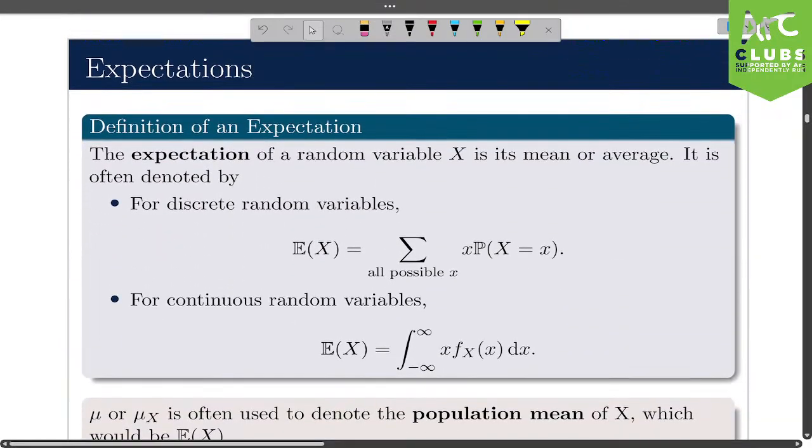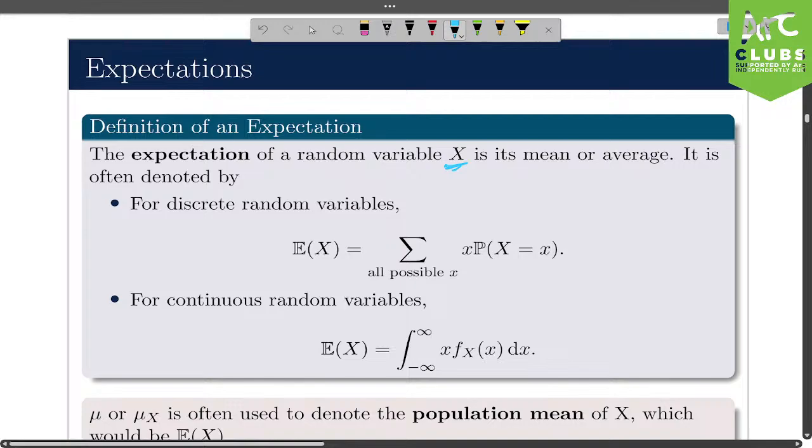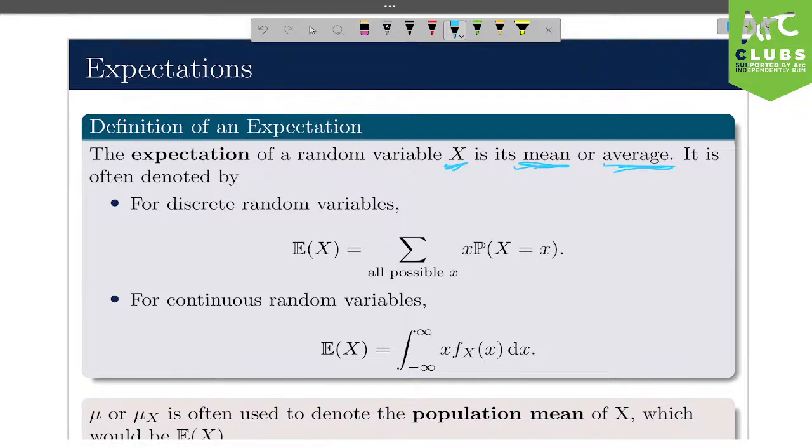Expectations. One of the important things in this part of the course is being able to deal with expectation values. So what is an expectation value? The expectation value of a random variable x is its mean or average. Depending on how thorough Gary has been in the lectures, he may have talked about the difference between a mean and an average.